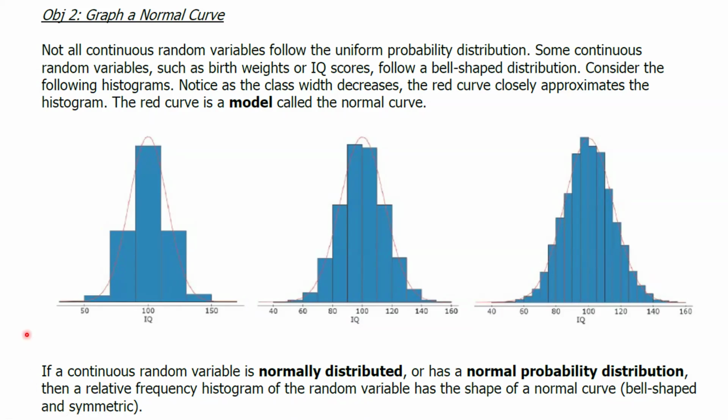If we look at these histograms here, as we increase the number of intervals, the rectangles, we get closer and closer to a bell-shaped curve, or in this case, because we're dealing with continuous variables, the normal curve. And the normal curve will take the shape of a bell-shaped curve.